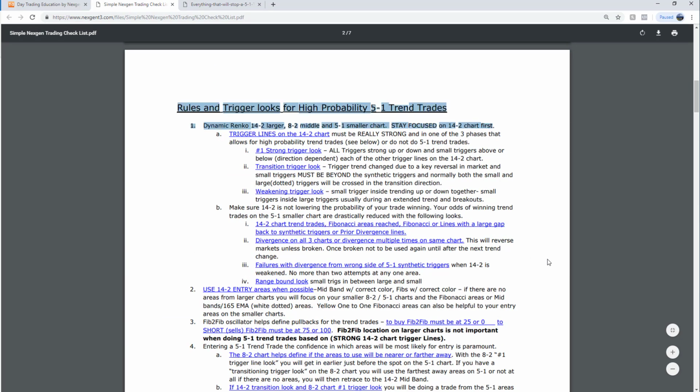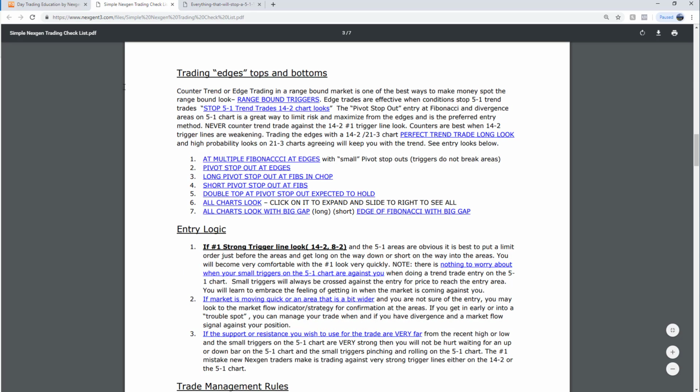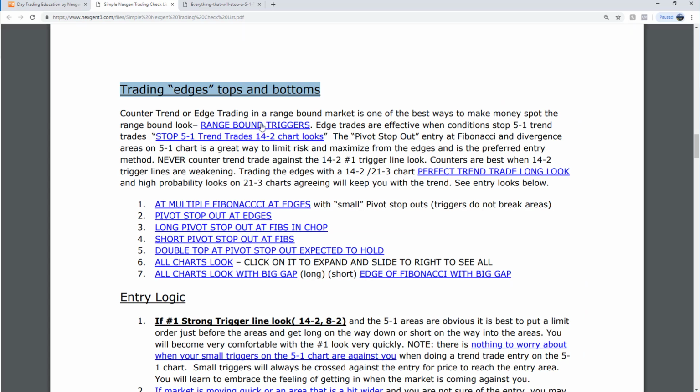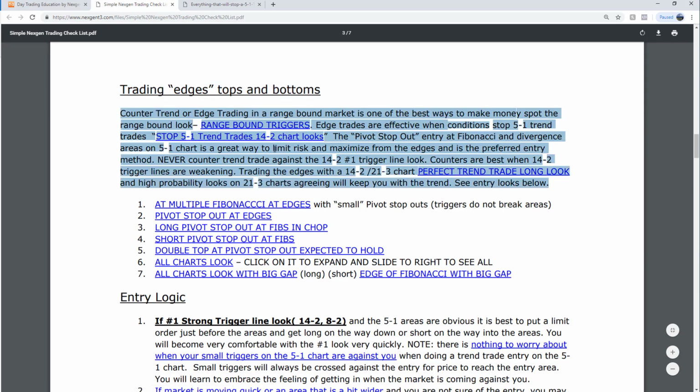And then look, ultimately for you guys, when you have an edge or a top or a bottom that's supposed to hold, which means what? Again, the same things that stop a trend trade are the same reasons why we do tops and bottom trades.